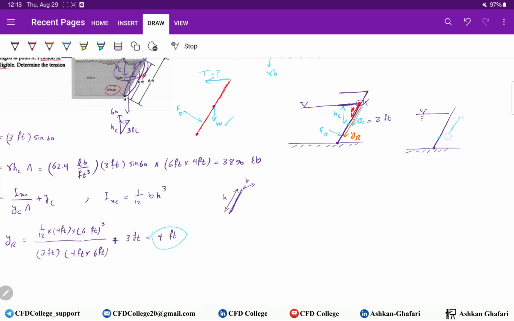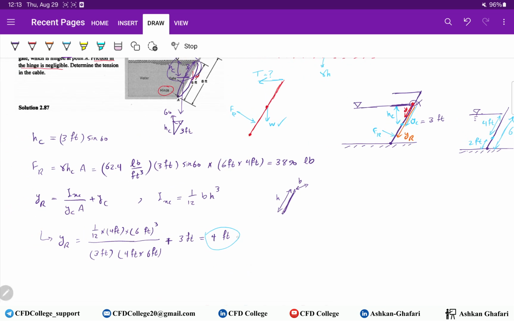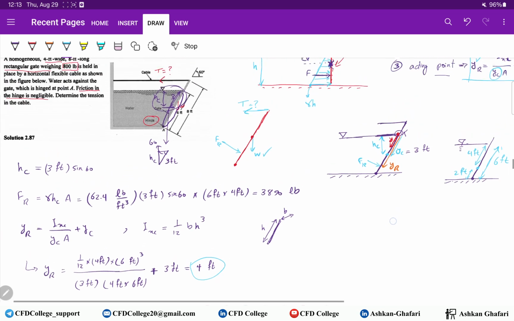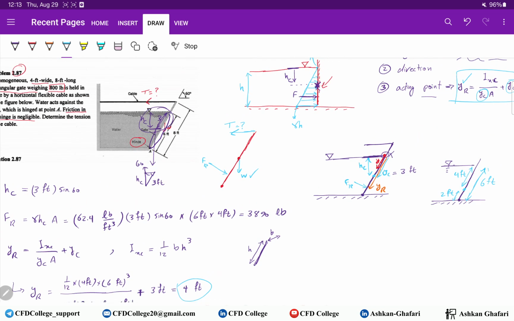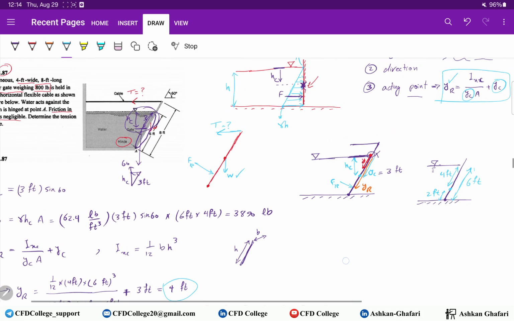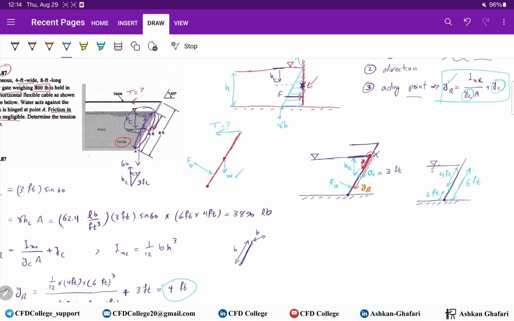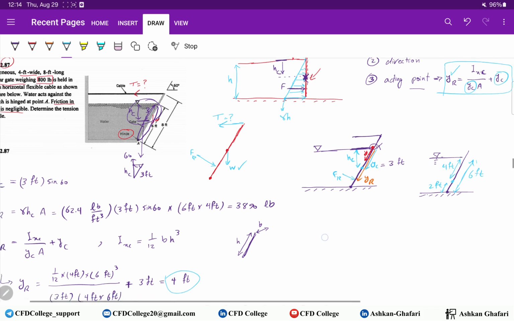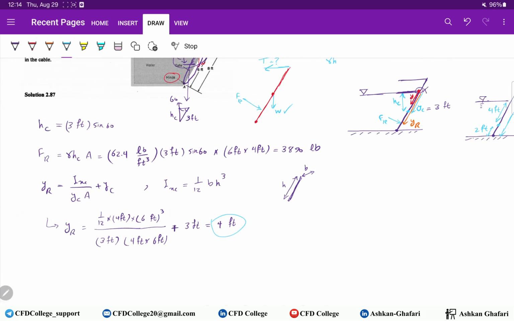So here is 6 feet, 2/3 is 4 feet from the top, and 2 feet or 1/3 from the bottom. That's a rule of thumb, and as you can see, we can calculate it. So you can memorize it and use it: 2/3 from the top, 1/3 from the bottom. It doesn't matter whether the gate is inclined or vertical, but you can calculate it. It's not difficult.